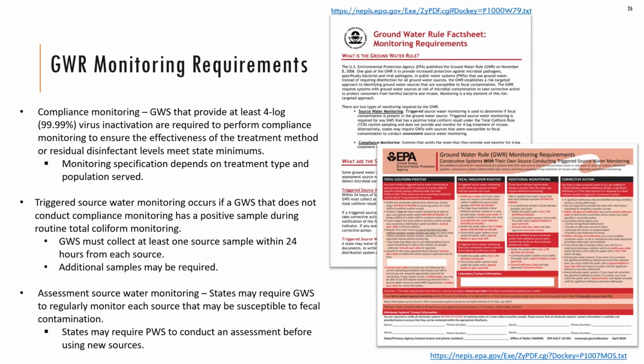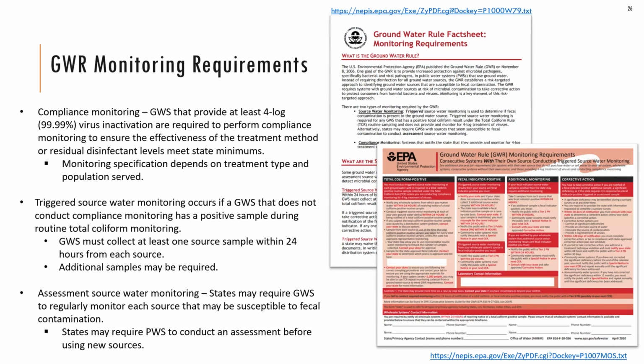This can be continuous monitoring or daily samples taken to demonstrate that the treatment processes are effective and that residual disinfection levels are meeting the state minimums. Whether it's continuous monitoring or single samples will depend on your system size, and you can find that information on the monitoring requirements groundwater fact sheet listed on the right side.